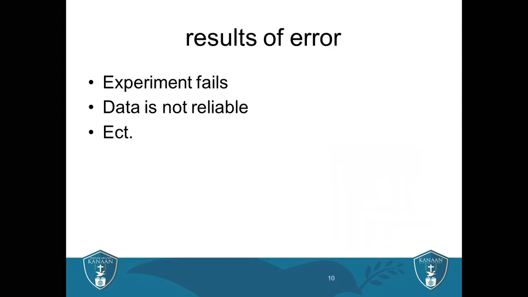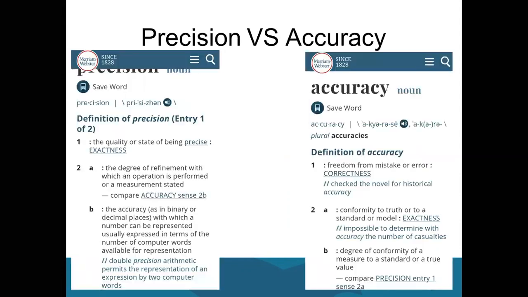If the calculation says you use 100 milliliters of a liquid, but in an experiment you miscalibrated and it's 105, for example, that's what you call a result of an error. The data is not reliable for some random reason.